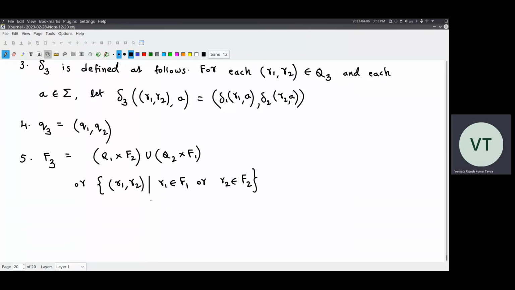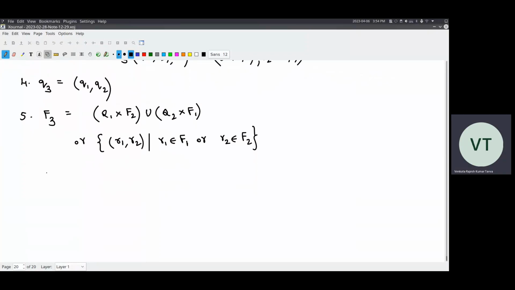One of them needs to belong to the set of final states in the corresponding machine. Okay, that's all. We constructed a machine with all the features we need. So M3 accepts A1 union A2.